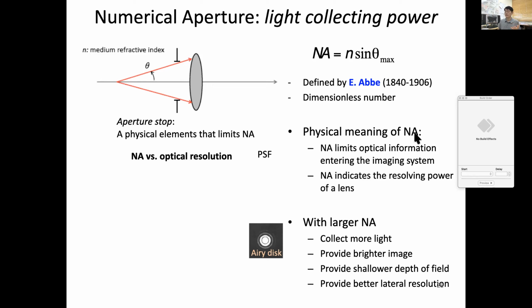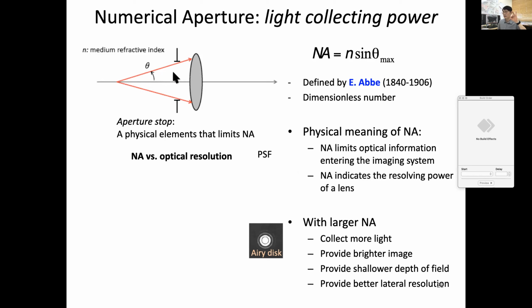So what's the meaning of this numerical aperture? NA limits the optical information entering the imaging system. As I described, the diffraction, the final information or final grating will diffract further and that will be lost.